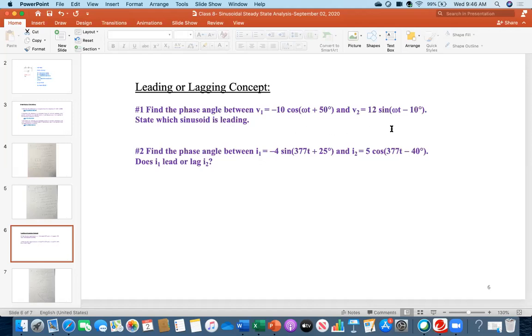Then I can compare. So for this type of problem, the first task is to make all voltage or current signals into a cosine term with a positive value, not keeping the minus sign. The same thing in this problem: this is in cosine form and it is positive, this is fine. But you have to convert this one into cosine, plus eliminate the minus sign. That is the first task.